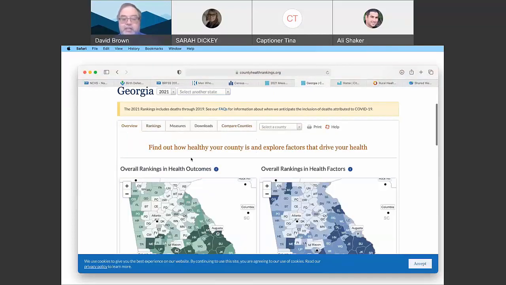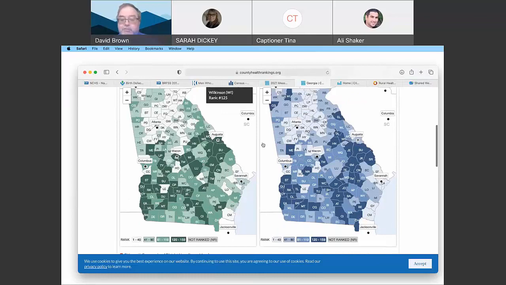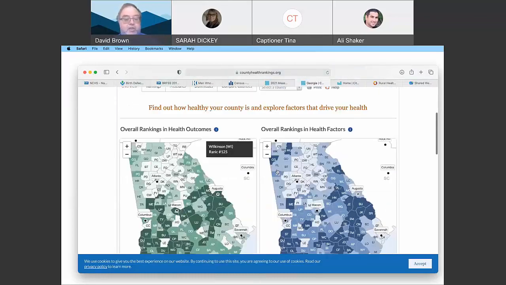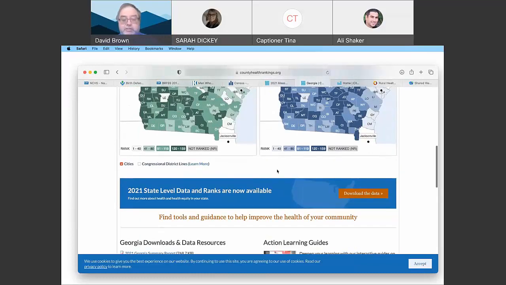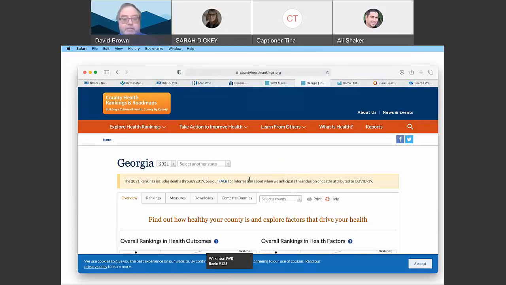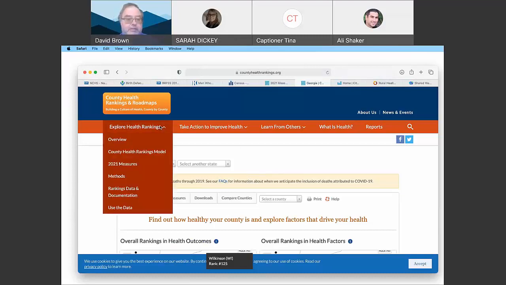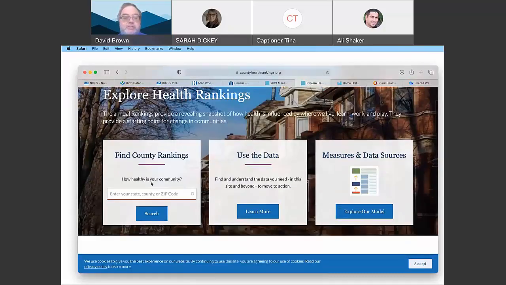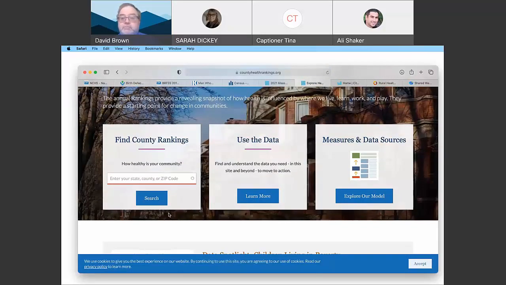Like I say, you have all your maps here that can help you understand. Lots and lots of good material that you can use at a state and local level. You can also look at the overview, how to use the data, and the measures, all available to you at no charge, great resources to find as you look at it in general.